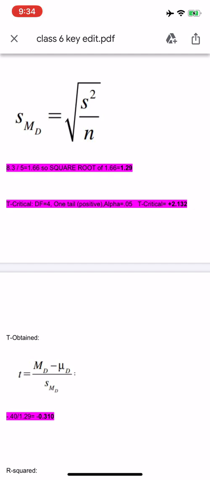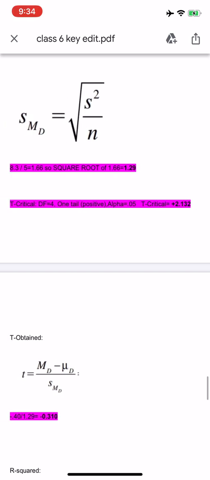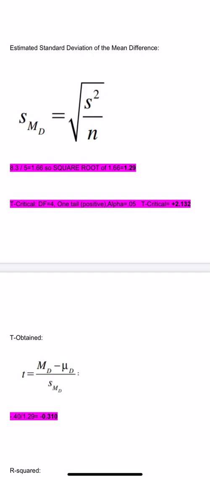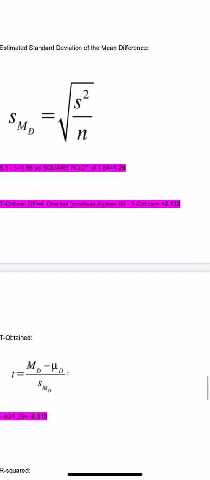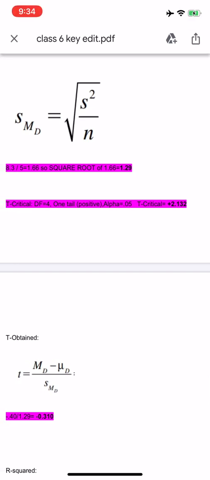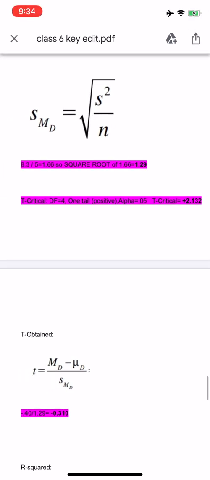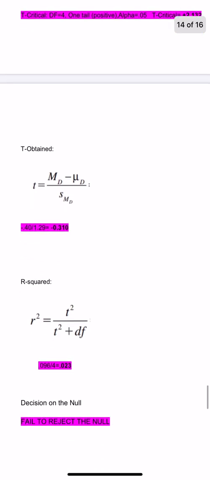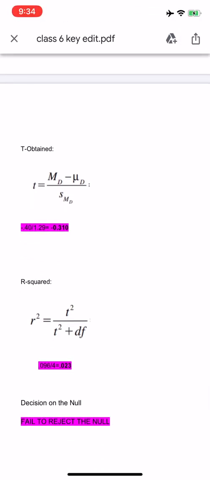It's one-tailed positive, right? Because we want to see if they did better on the test, the alpha of 0.05. And if you do what we know what to do on the t chart, you'll get a t critical of 2.132 and have to choose a positive or negative. We choose a positive. Therefore, the t obtained is the mean difference, which is negative 0.4, divided by 1.29.